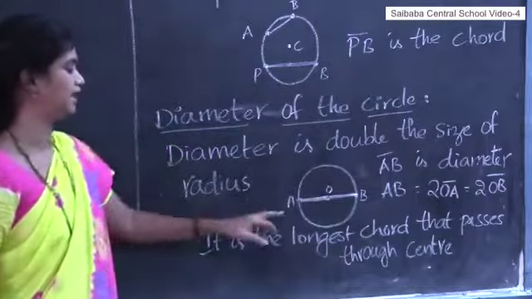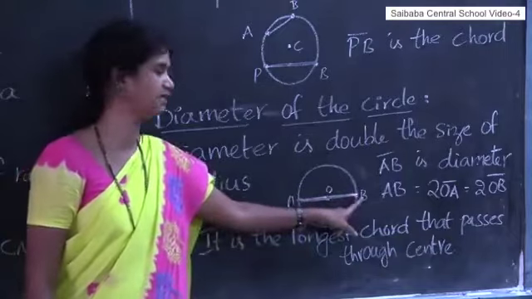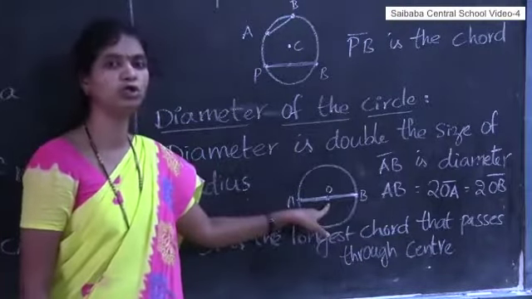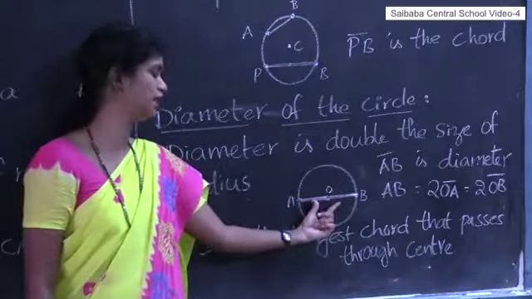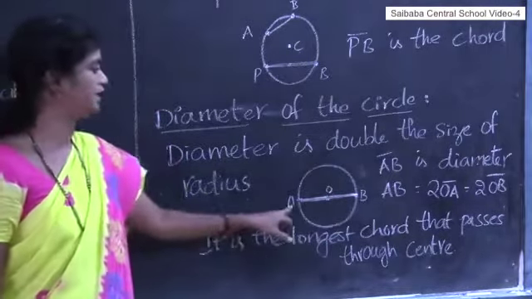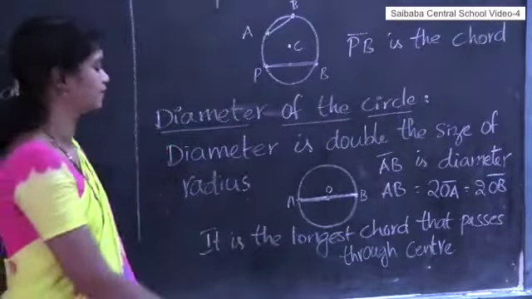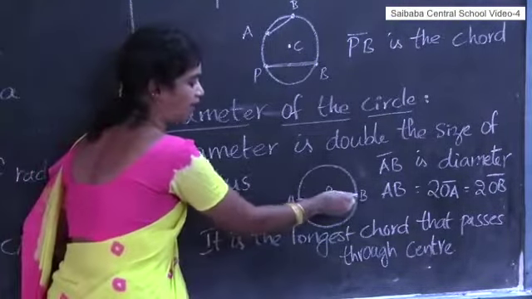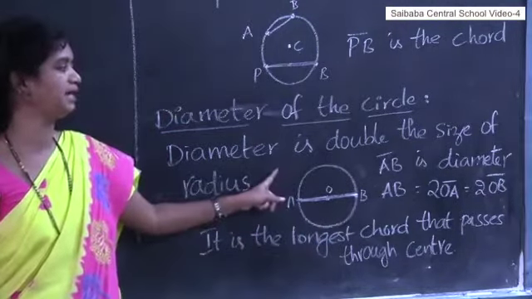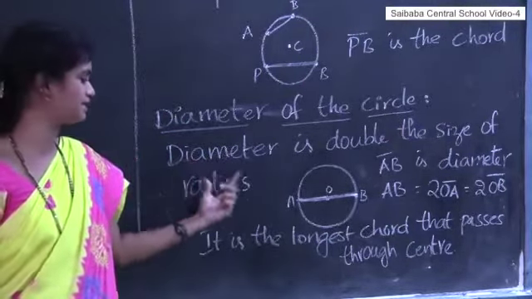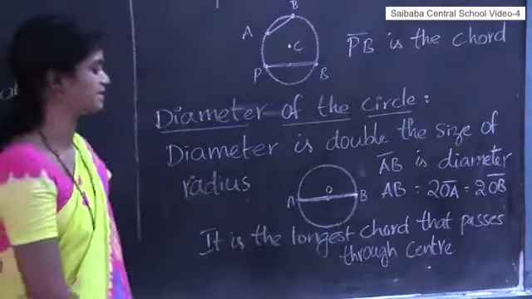The diameter is a line segment joining two points on the circle passing through the center. It is also the longest chord. So the diameter is double the radius, and it is the longest chord that passes through the center.